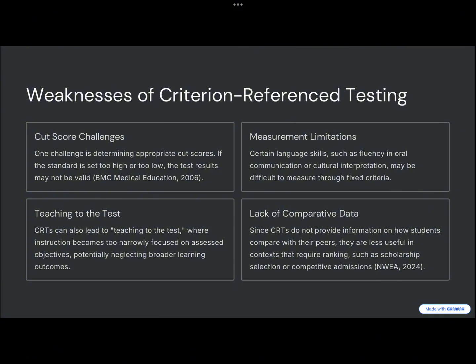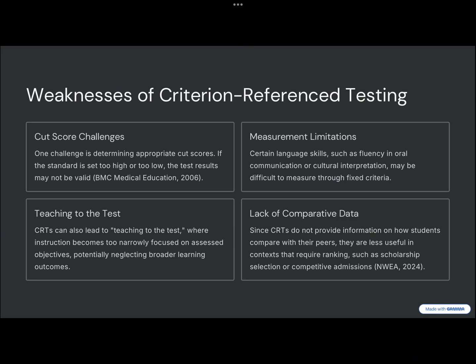Now, CRTs can also lead to teaching to the test, where instruction becomes too narrowly focused on assessed objectives, potentially neglecting broader learning outcomes. So because CRTs focus on specific learning objectives, teachers might narrow instruction to only what will appear on the test.